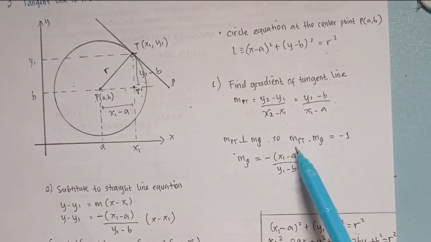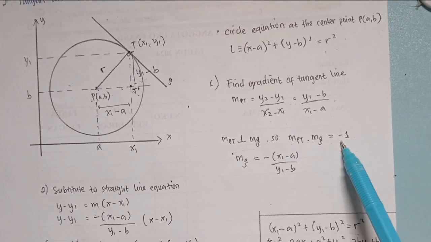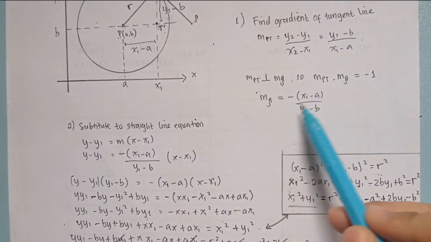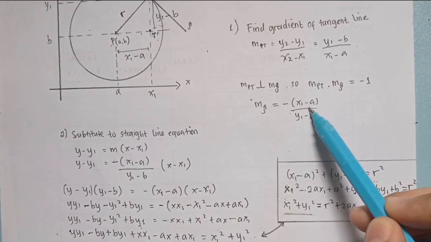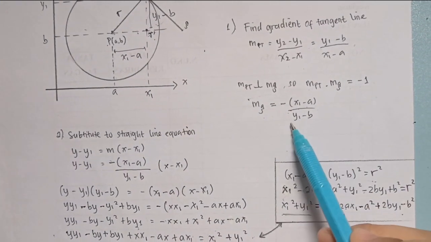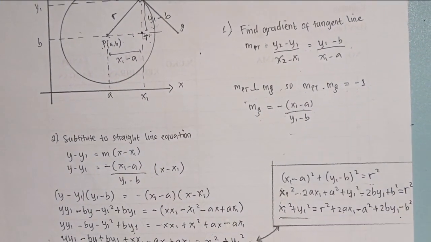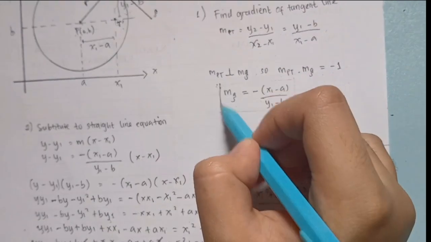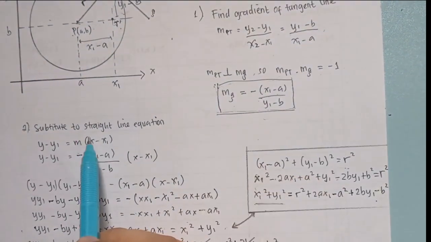So gradient m_PT times m_g is equal to minus 1. So we find the gradient g is equal to minus (x1 minus a) all over (y1 minus b). So we find the gradient. We can substitute it into the straight line equation.